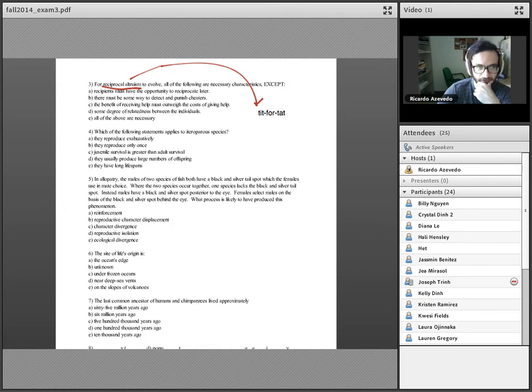So the benefit of receiving help must outweigh the cost of giving help. Some degree of relatedness with individuals: all of them are necessary. So which one is not necessary? Some degree of relatedness is not necessary.